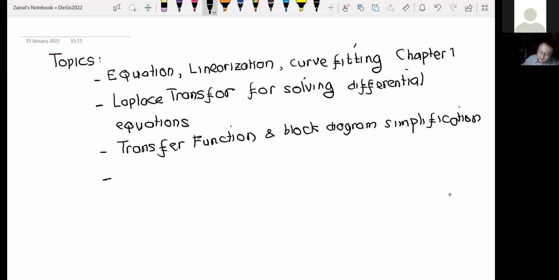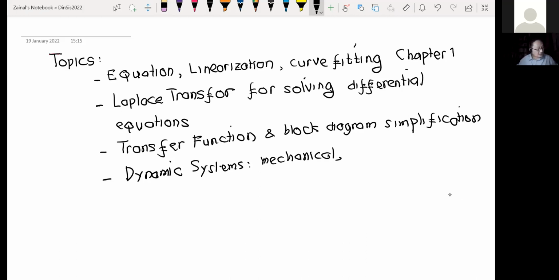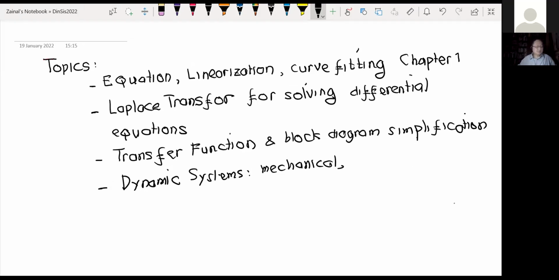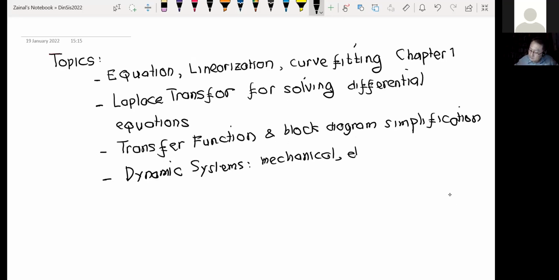And then this one, dynamic system. Mechanical. Mechanical. Electric. Thermal and fluid.